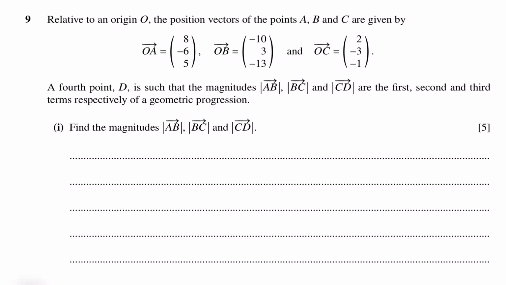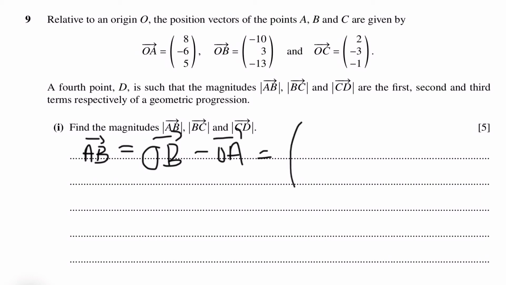To find the magnitudes of these three, we will need the vector first. So AB. So AB is OB minus OA. So -10, 3, -13, minus 8, -6, and 5.